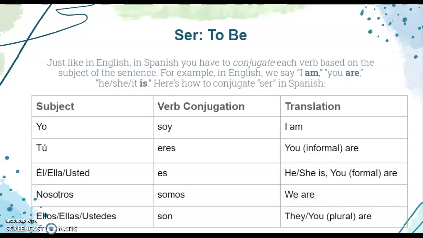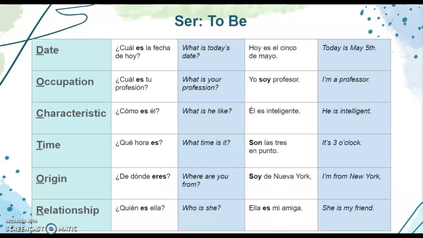And if I want to say we are, I'm going to say nosotros somos. If I want to say they are, it's ellos son or ellas son. And if it's you plural, I'm going to say ustedes son. All right, so hopefully that makes more sense. We're going to look at a couple more examples.